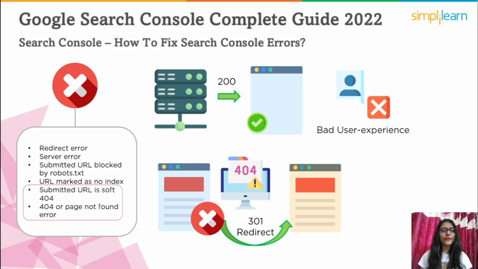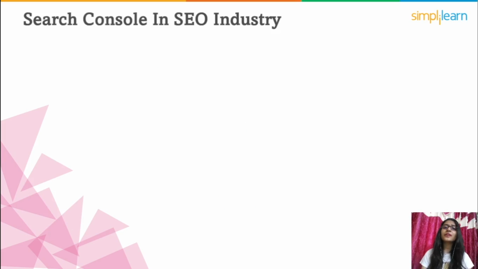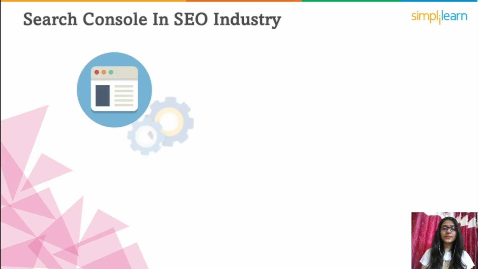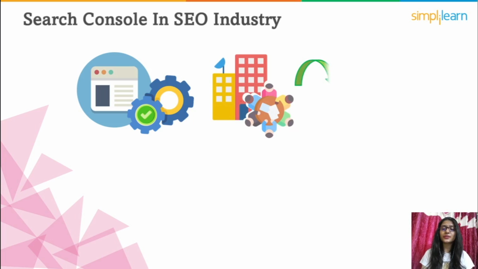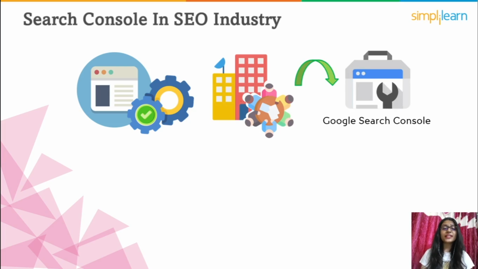Now that we are aware of the basics of Search Console, let's dive deeper to know some stats regarding Search Console in the SEO industry. When you're thinking of adding a business online, your website should fulfill all the technical SEO needs, which can be achieved by Google Search Console. Thus, there is a huge demand in the SEO industry for candidates having strong knowledge of Google Search Console.